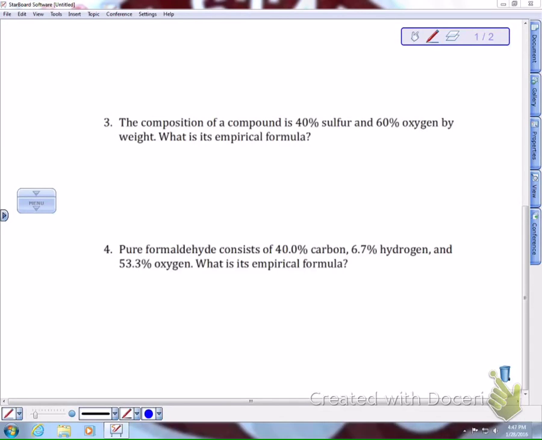And then finally, number 4, we have formaldehyde. We're back to these percents here, so let's assume our 100 grams so that we can take 53.3 grams of carbon, convert it to moles. I'm going to go ahead and do that this time.